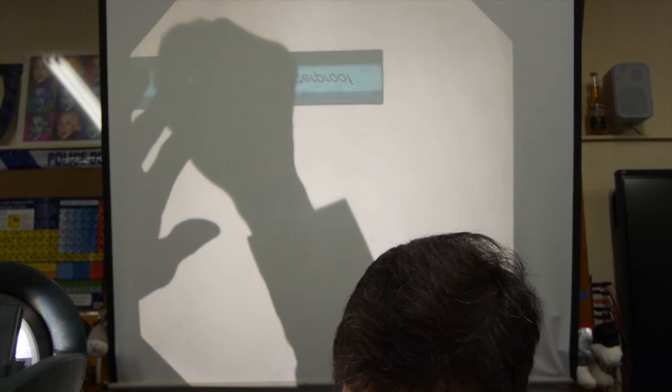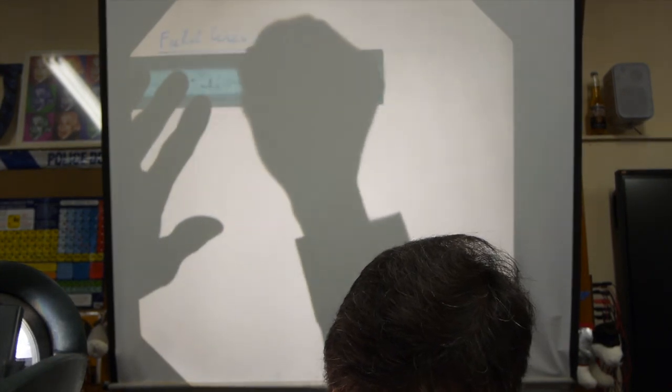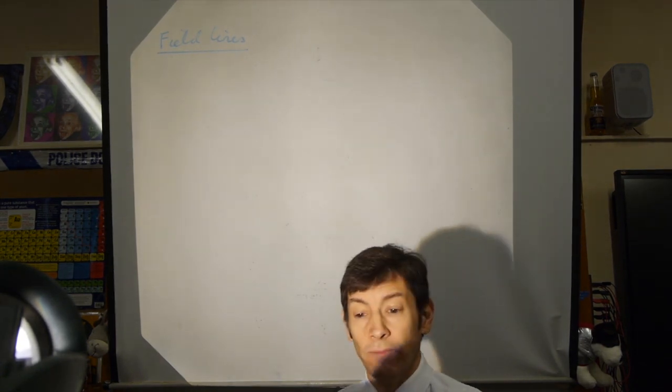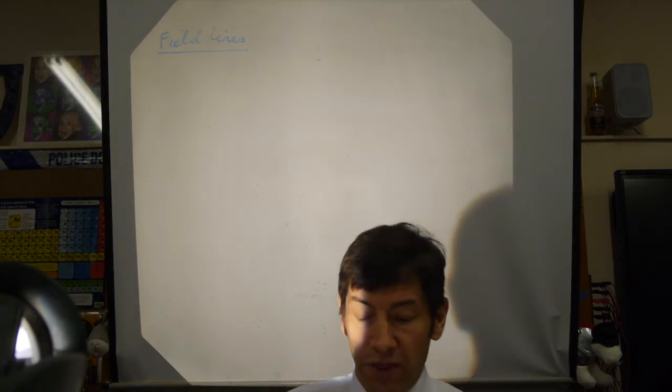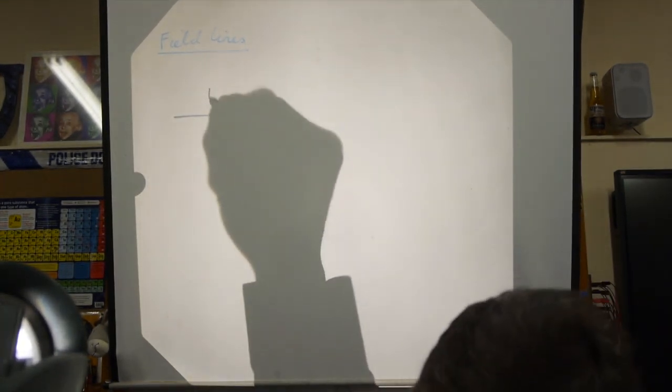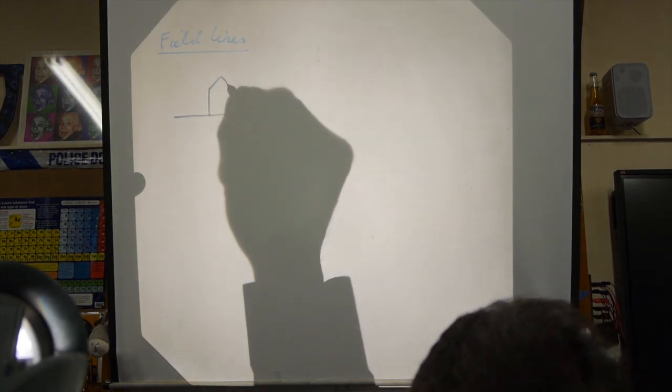This is a really, really good way of describing how forces act in physics, and we're going to look at electric fields and things later on. Okay, so the way I always imagine this to begin with, back to GCSE, is you have the surface of the Earth, and buildings on the surface of the Earth.